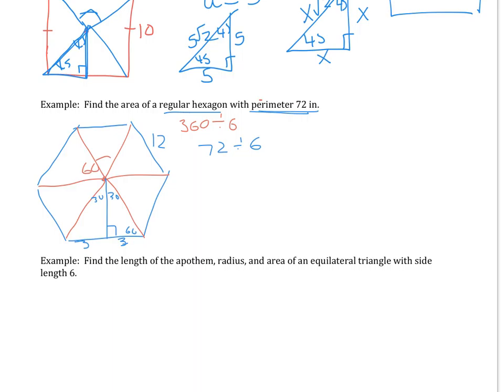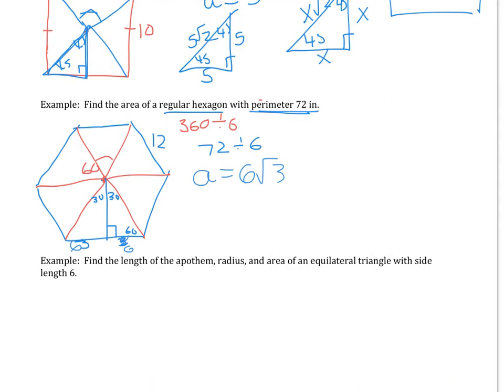So my side opposite 60, I don't know if I did this right. I'm going to stop and fix it. Okay, each side was 12, so each of these is 6. So my side opposite 30 is 6, so my apothem is going to be 6 radical 3, because that one is the side opposite 60.